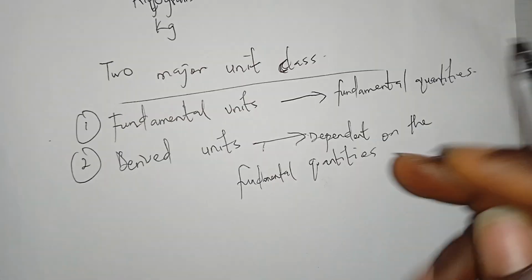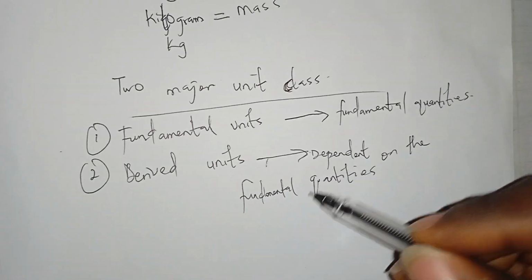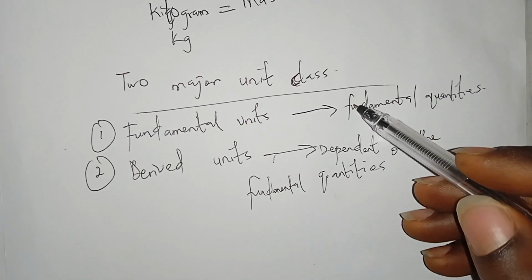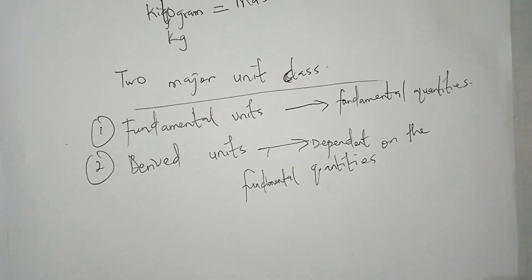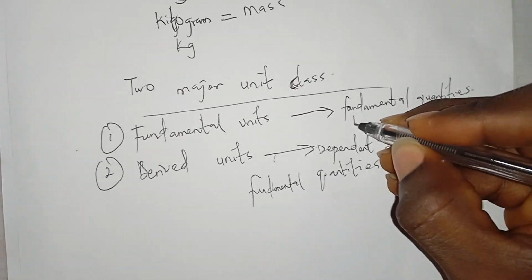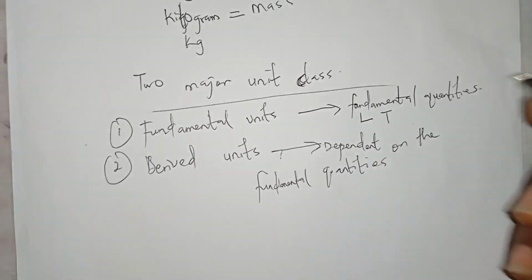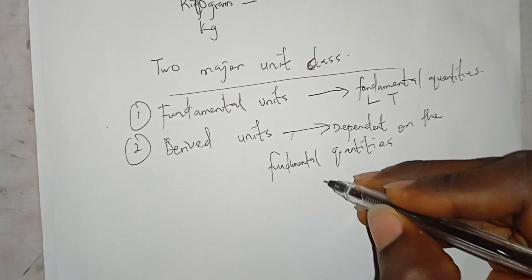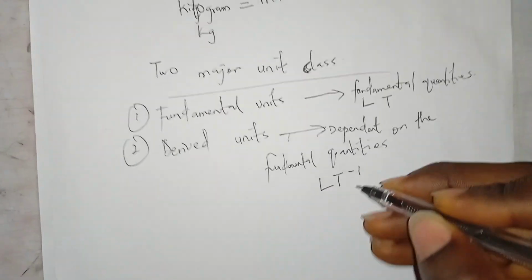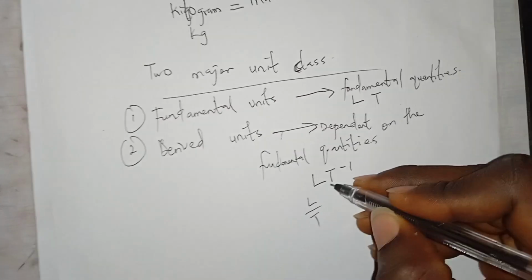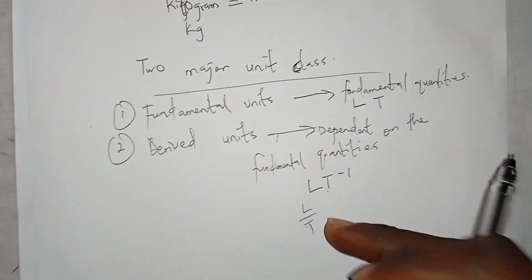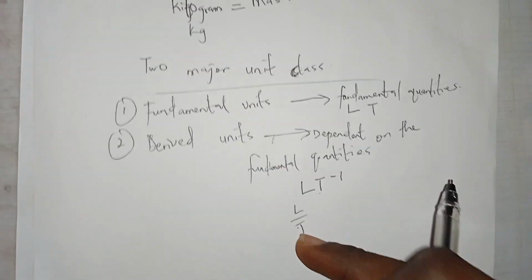So that means every unit of this is derived from putting the fundamental quantities together. For example, when I have L and T, that is length and time, then if I have something like LT minus 1, that is L over T. This is for velocity. So velocity is a derived quantity.